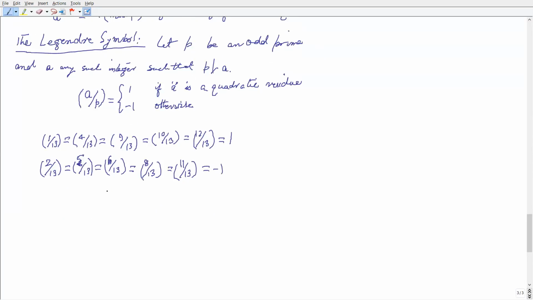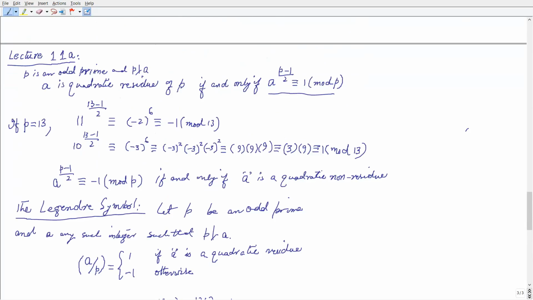According to Euler's criterion, A is a quadratic residue of P if and only if A to the power (P minus 1) by 2 is congruent to 1 modulo P. So we can rephrase Euler's criterion using the Legendre symbol: A is a quadratic residue of P if and only if the Legendre symbol of A is 1.